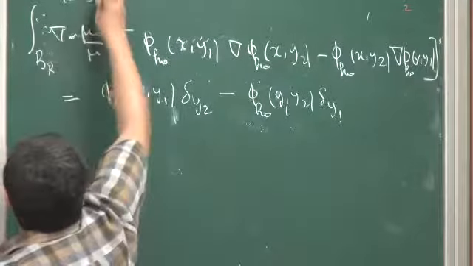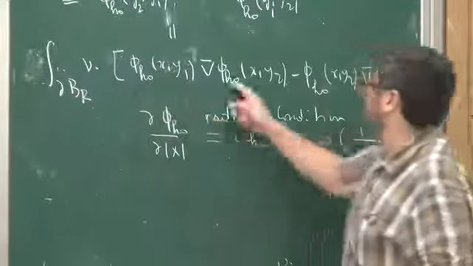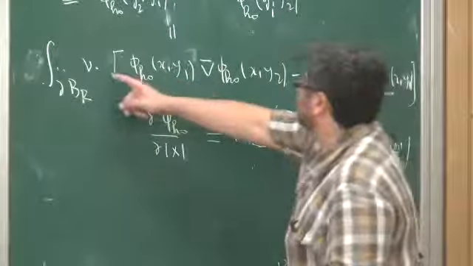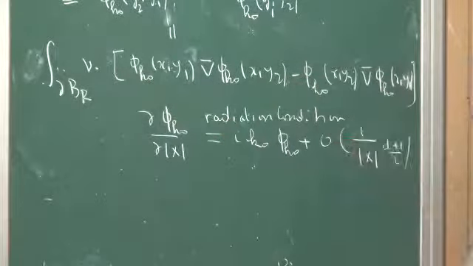This is the radiation condition. So when you use the radiation condition here, this is i k0 phi k0 plus O of 1 over |x| to the (d+1)/2. The other one is the same: nu times gradient, use the radiation condition.